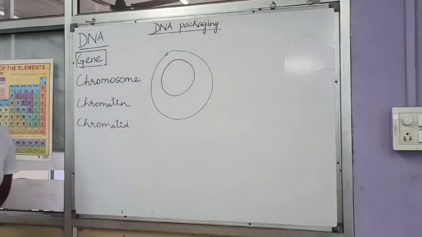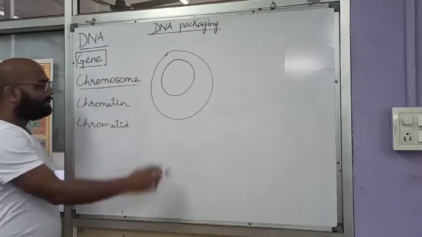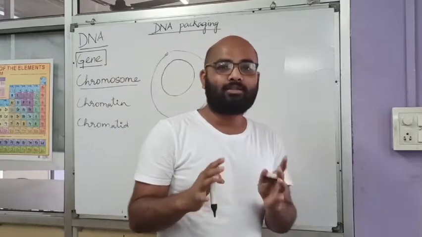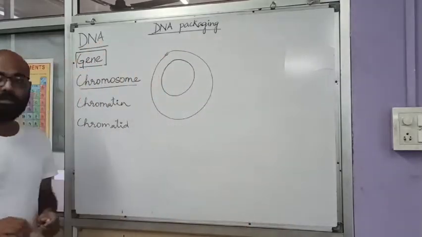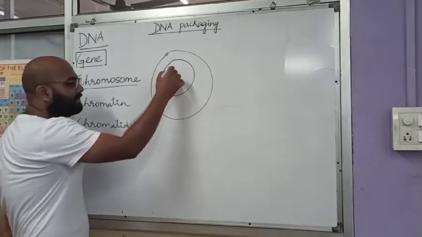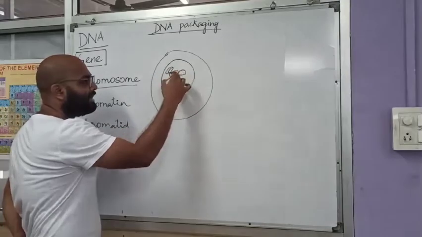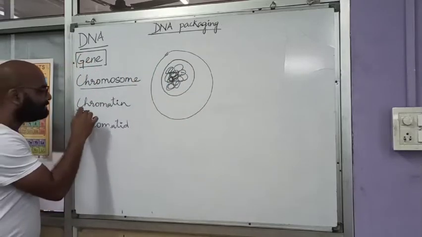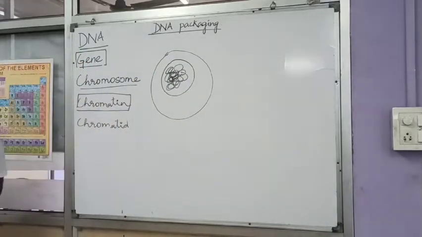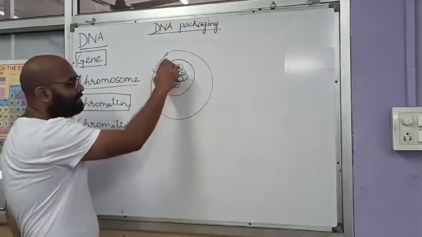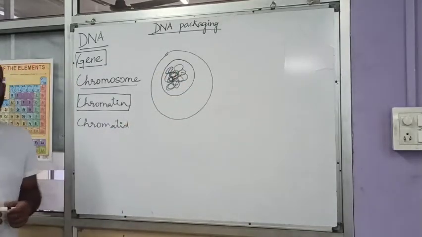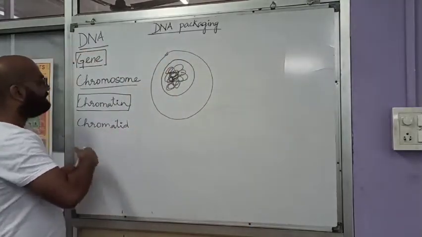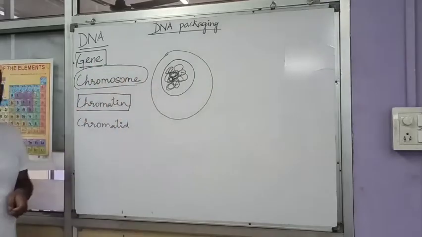When the cell is at rest, meaning it is not preparing for any cell division, the genetic material is in a thread-like, haphazardly arranged form inside the nucleus, and we call that chromatin. But when these materials arrange themselves just before cell division occurs, we call that structure the chromosome.